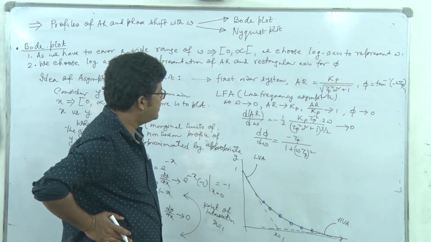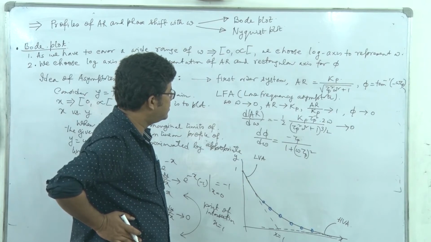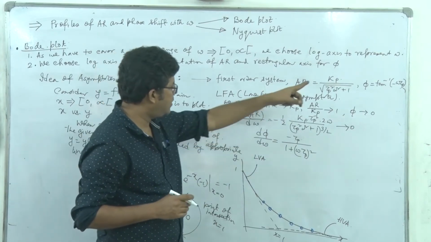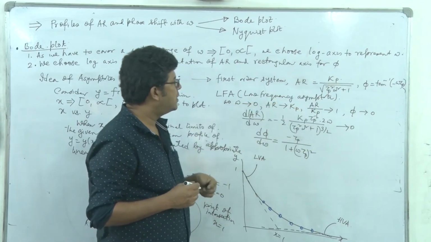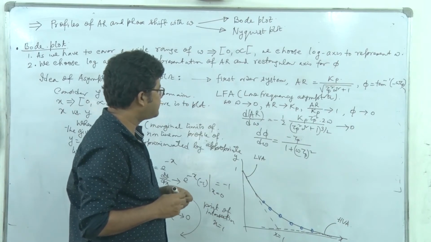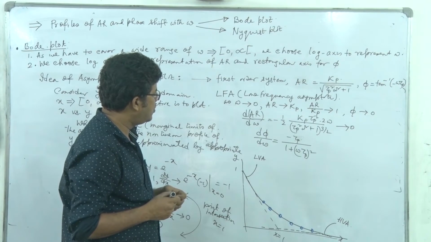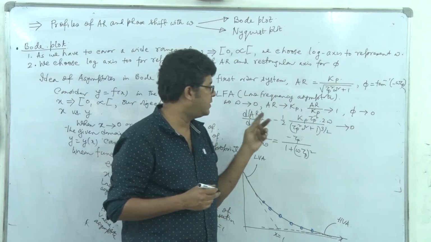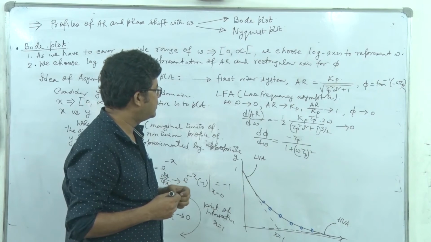So when omega tends to 0, 1 divided by 1 plus (omega tau p) square into numerator of minus tau p. So what you can do actually, we have chosen log axis, right? So we have chosen log axis.